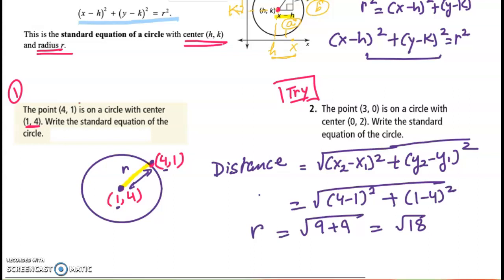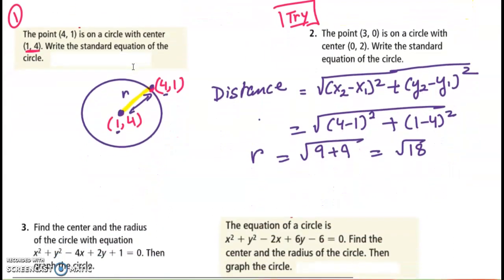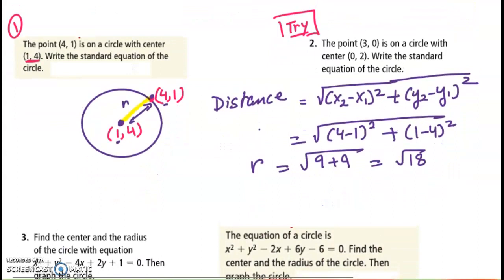Now, the distance, radical 18, is equal to r. But when we write the standard equation of a circle, we take the radius squared. So radius squared in this case would be 18. Let's put it in the formula.